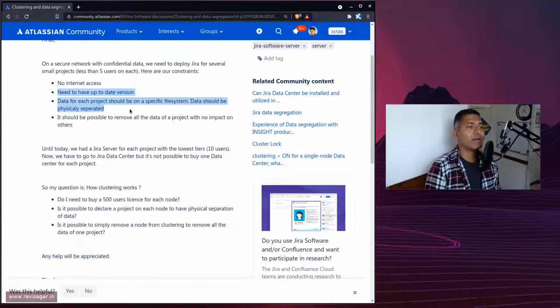But I understand that in some companies there are really, really strict rules, especially in the gaming industry or banking industry. They might have such rules, especially when they're dealing with top secret critical data, and in this case, it seems like that is the case.